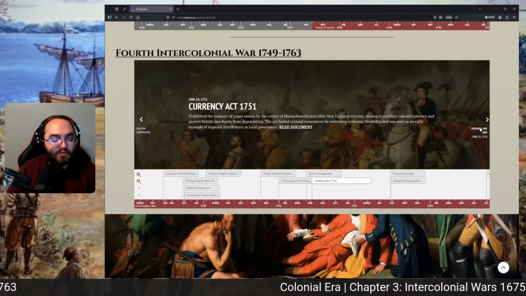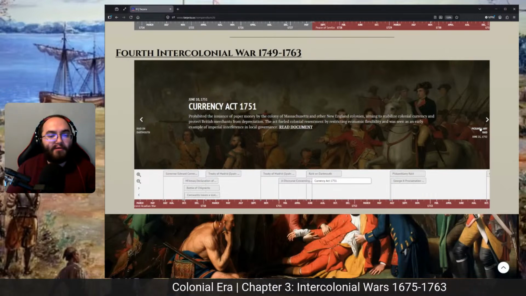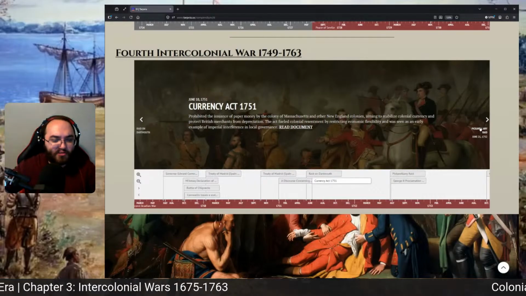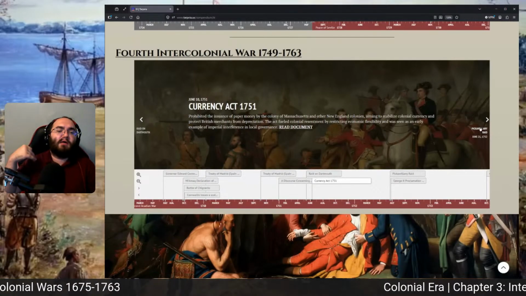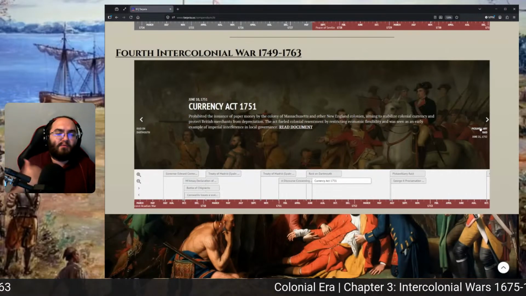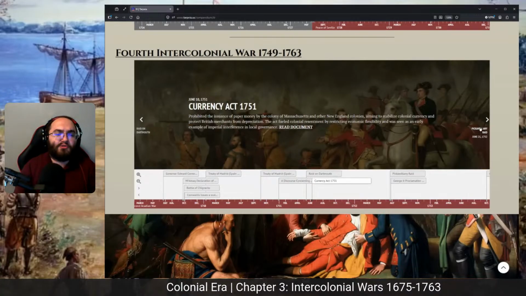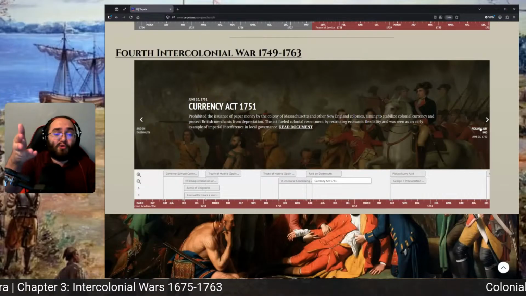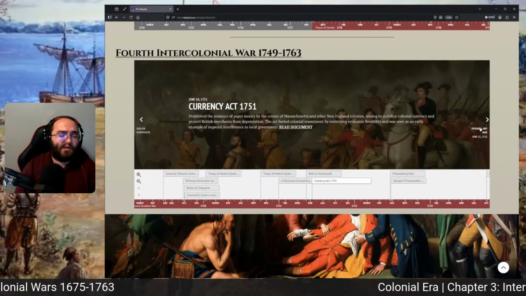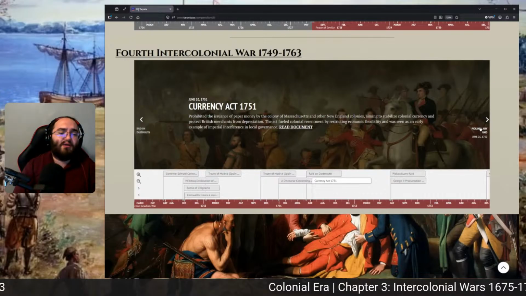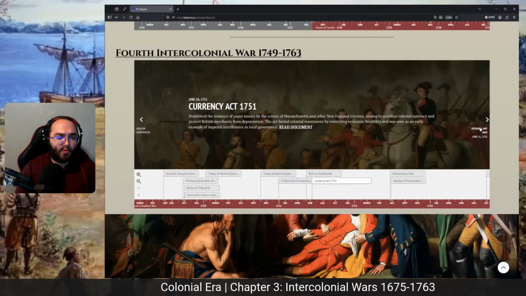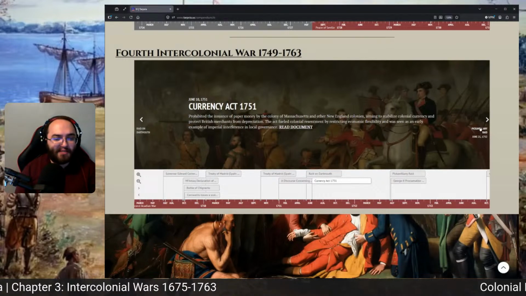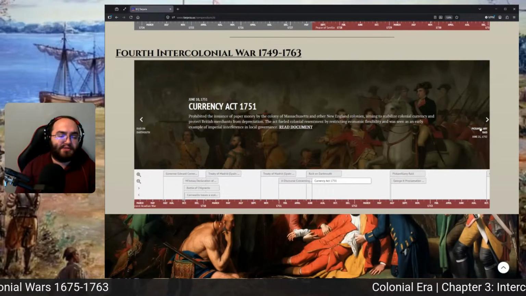I mean, it's not as real as people make it out to be, because as we see, every single one of these monarchs will pass regulations and enforcement over the colonies when it comes to trade, when it comes to piracy, when it comes to now currency, when it comes to all sorts of things. Parliament was regulating and passing more regulations. So I don't really believe in the concept of salutary neglect.